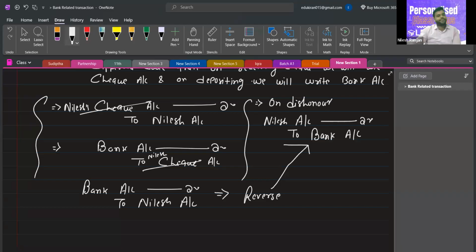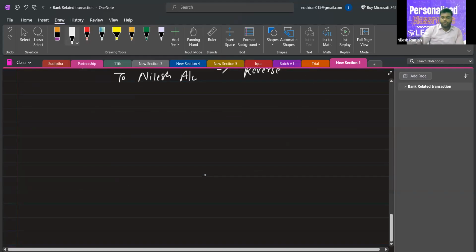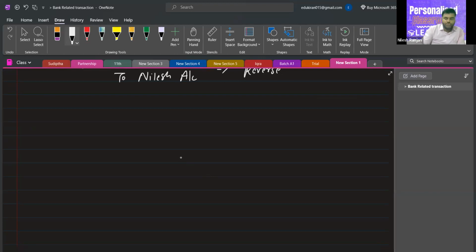So we have received a check from Ramesh. I told you the entry. Let me start from the beginning, actually pass the entry from the beginning.